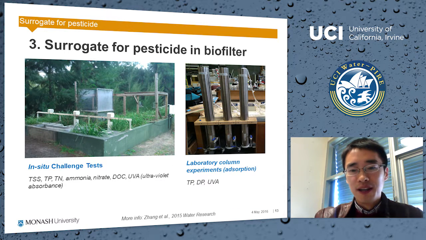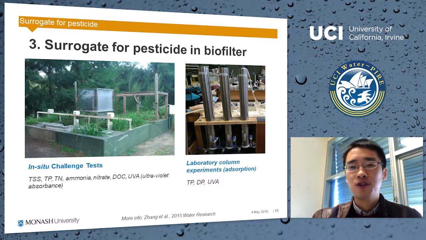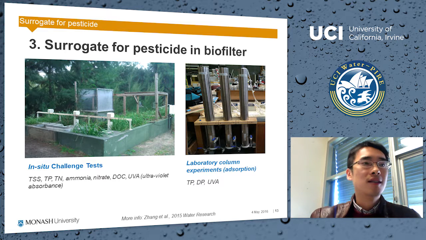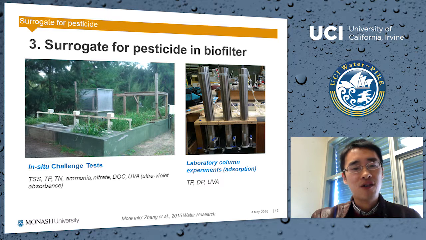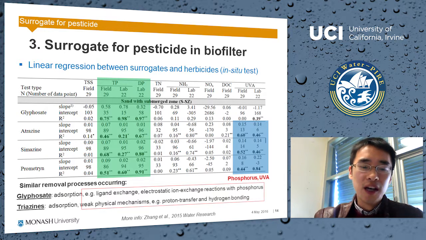So moving on to the next part, we want to talk about some potential surrogates for pesticide removal in biofilters. During the in-situ challenge experiment, as well as the laboratory column experiment, we also tested a range of potential surrogates that could be used for pesticide removal. Slide 14 shows the linear regression between the surrogate and the herbicide removal.